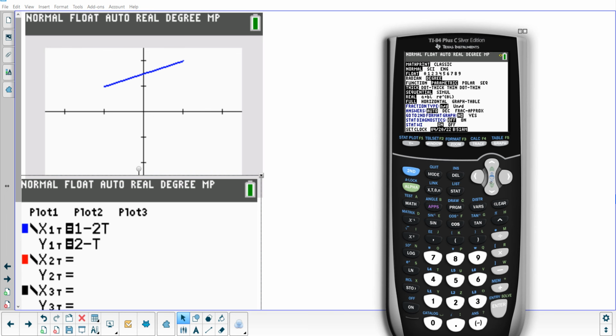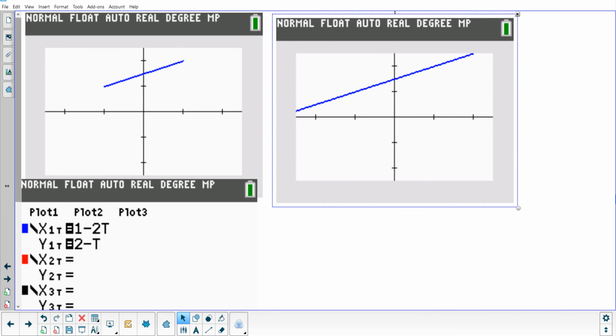Now let's switch it back to function. If there's anything in there, just clear it. And what was the equation we just had? 1/2 x plus, what was it? Yeah, 1.5. Okay, so let's graph it. And let's see if what we have looks exactly the same as what we had over there.